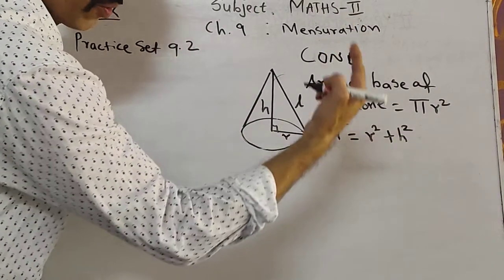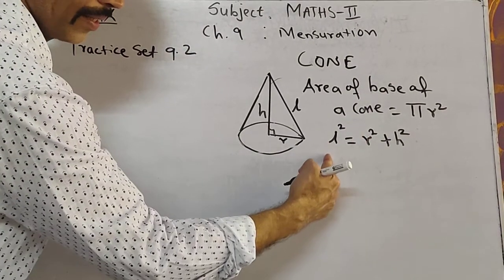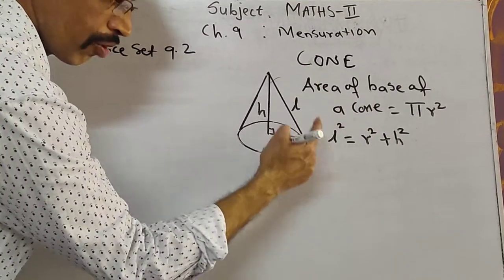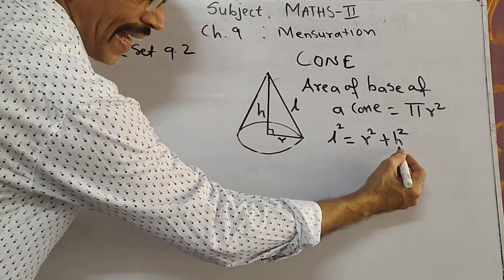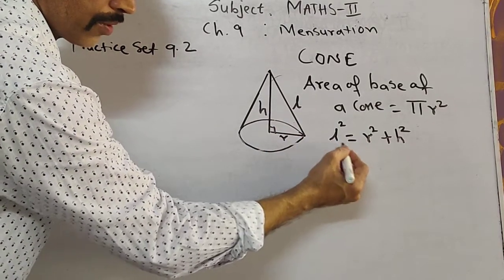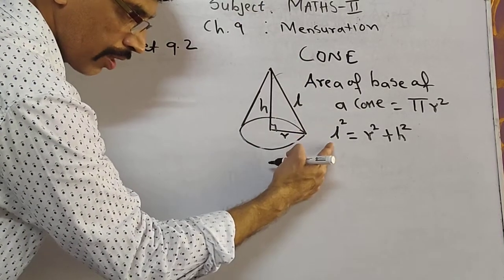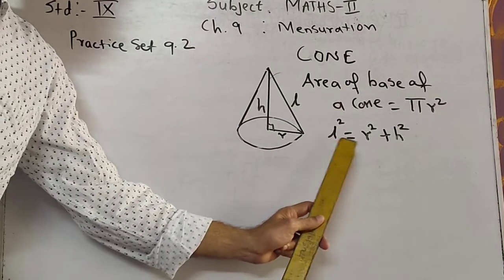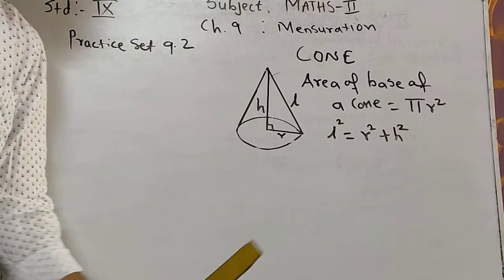If you want to find out r, the radius, and L is given and h is also given, you can find r with the help of this formula only. Suppose you want to find out h, the perpendicular height, and the other two are given to you, then also you can find it by using this formula only. So your slant height formula is L square is equal to r square plus h square.